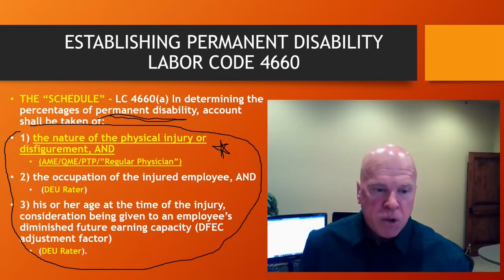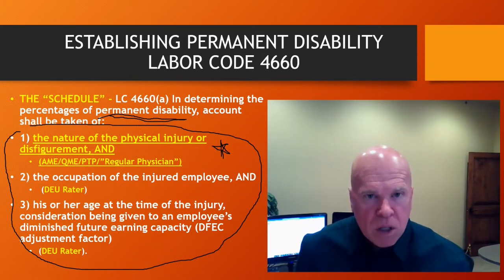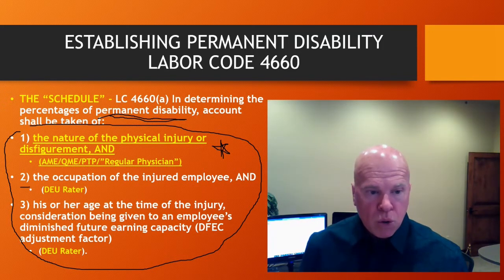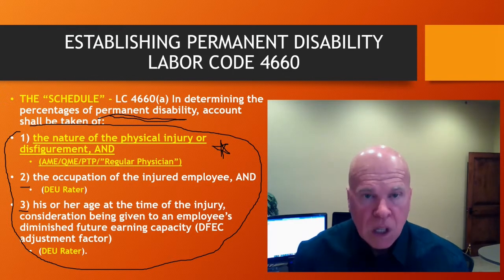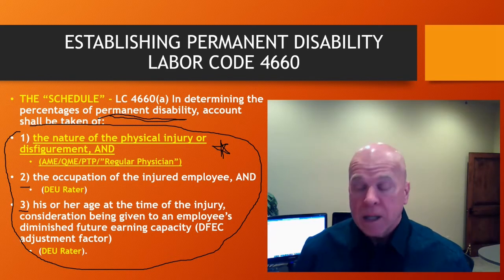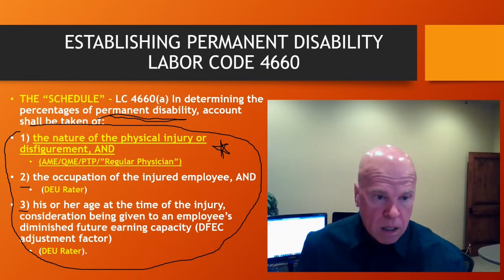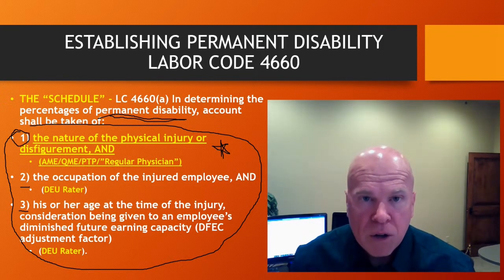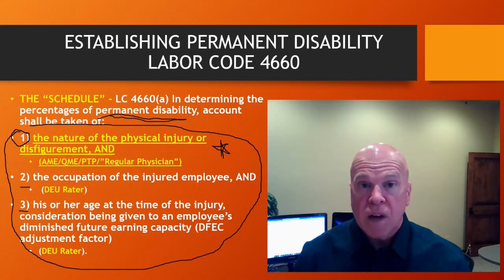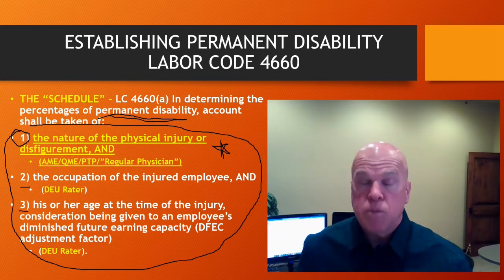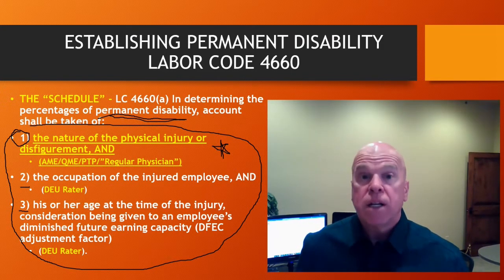Now you'll notice that if you look at these three components that go into the formulation of the permanent disability rating, numbers 2 and 3 are very, very objective, or they're more objective than number 1. Number 1 is subject to many, many factors under the discretion of the medical evaluator, whereas the occupation of the injured employee is simply an objective fact. The age of the injured employee at the time of injury is simply an objective fact.